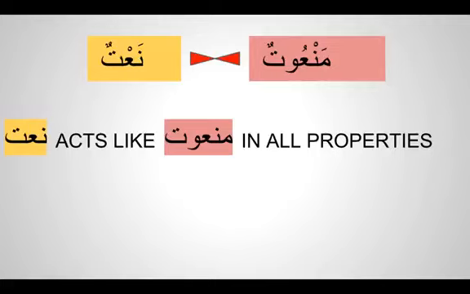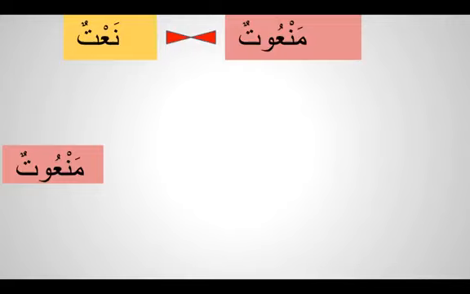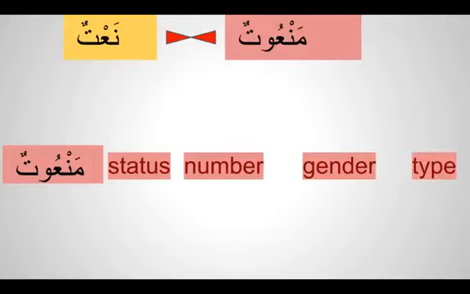The adjective or the naat acts like the man'ud in all properties. What are those properties? We know man'ud is a noun, and this man'ud will have four properties: status, number, gender, and type. And the naat will exactly copy the man'ud in all these four characteristics.